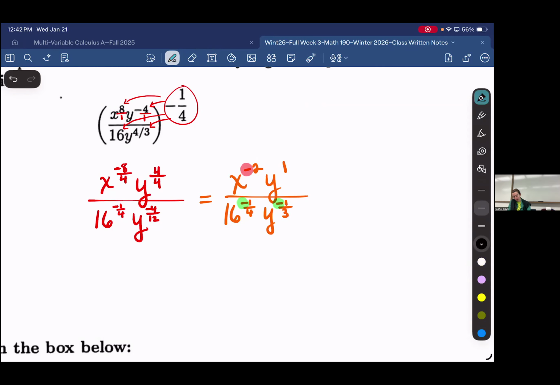So we can rewrite this now as we have 16 to the +1/4 in the numerator. Then we have y to the first stays in the numerator, but now we also have a y to the +1/3 in the numerator. And then in our denominator, we only have x to the +2.